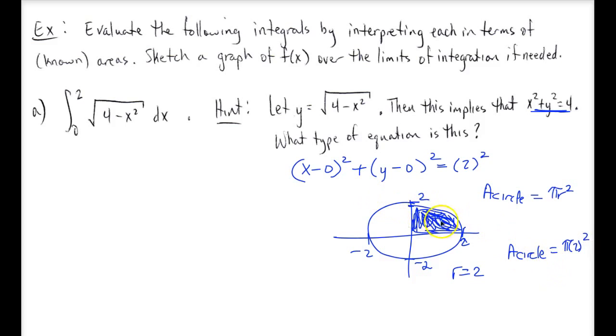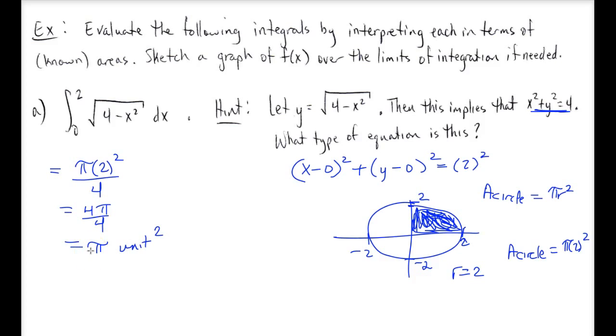But since we only have 1/4 of the circle, the actual answer would be pi 2 squared divided by 4, because we just want 1/4 of the entire area. So the numerator is 4 pi over 4, and this ends up being pi square units.